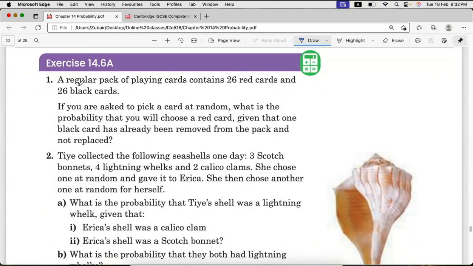A regular pack of playing cards contains 26 red cards and 26 black cards. If you are asked to pick a card at random, what is the probability that you choose a red card given that one black card has already been removed from the pack and not replaced? Okay, I find these card questions hard.